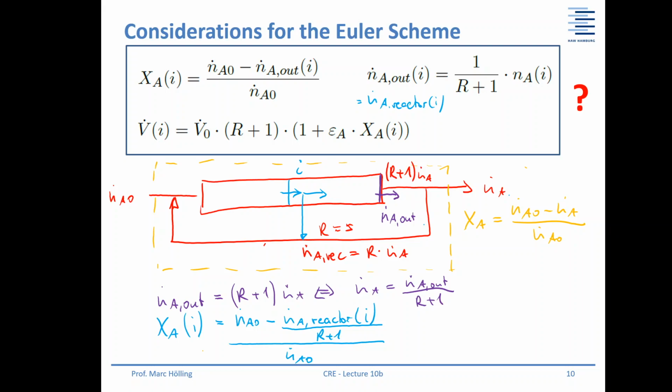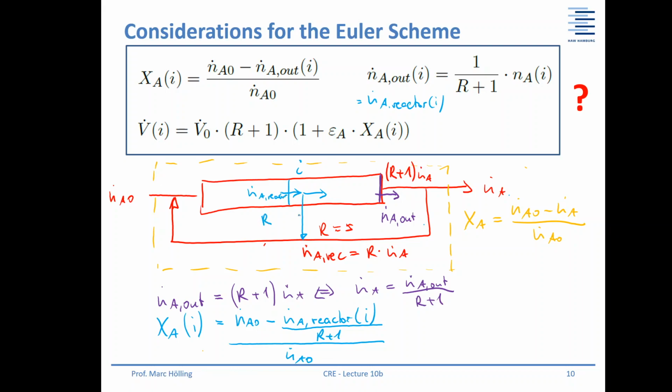So this would be, if you cut your reactor at any position here, then let's say n dot A reactor.